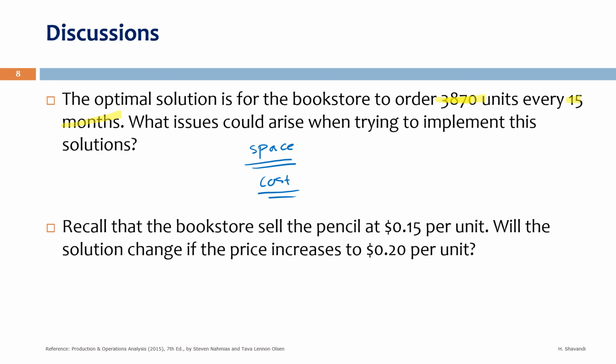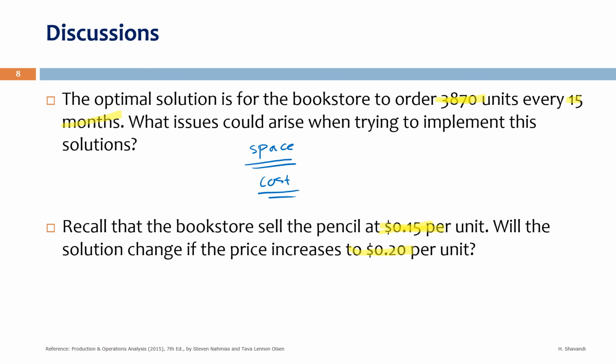Okay, and another thing here is that we consider the sale price for the pencil as 15 cents. If we increase the price to 20 cents, would that impact our optimal order quantity?